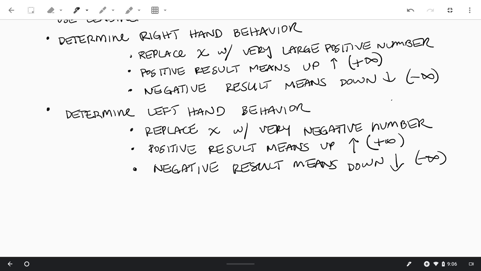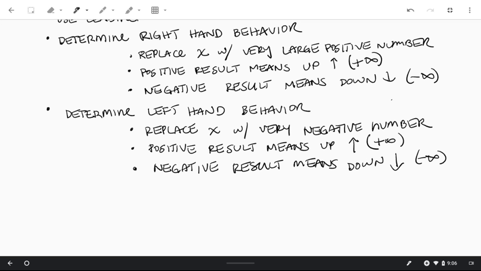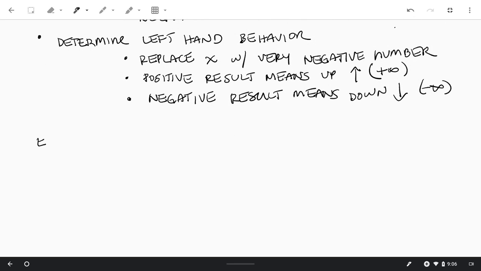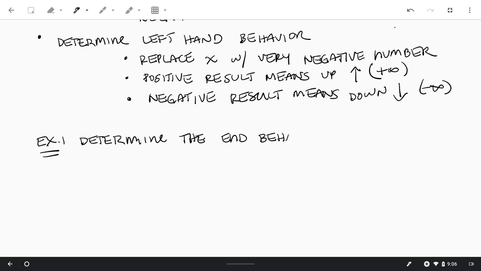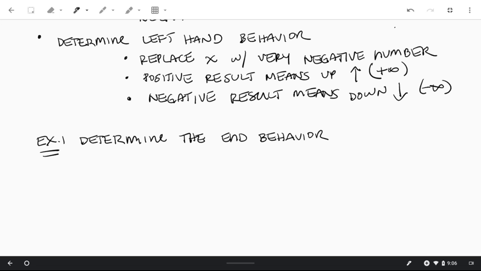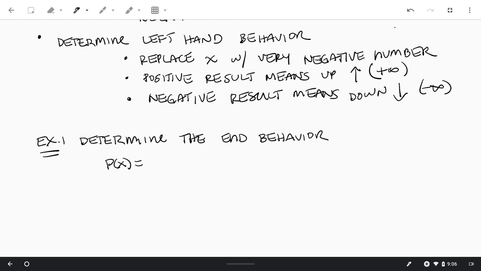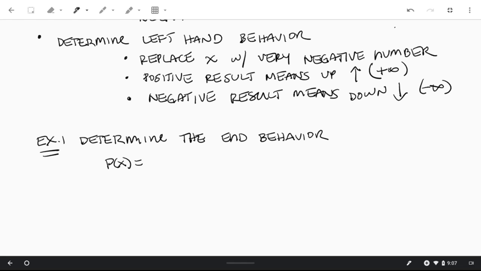All right, so let's go ahead and take a look at some examples. Determine the end behavior. Suppose I have this polynomial, P of x equals negative 2x to the fourth plus 5x cubed plus 4x minus 7.